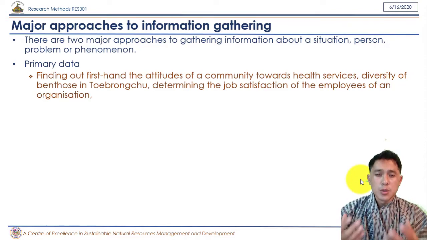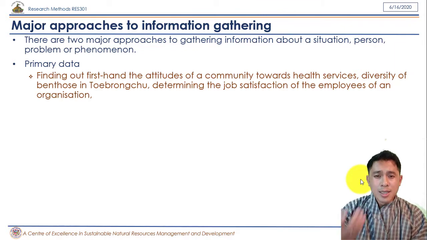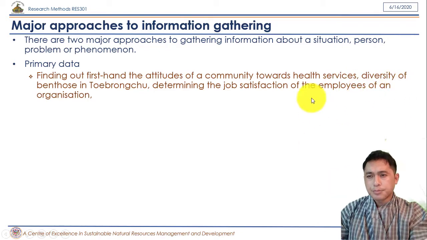You are the first person to go and find out something on that topic, or you send someone else on behalf of you to collect the data or do research on your behalf. Still, that's part of your research, and that can also be called primary data. For example, diversity of benthos in Tebrongshu.